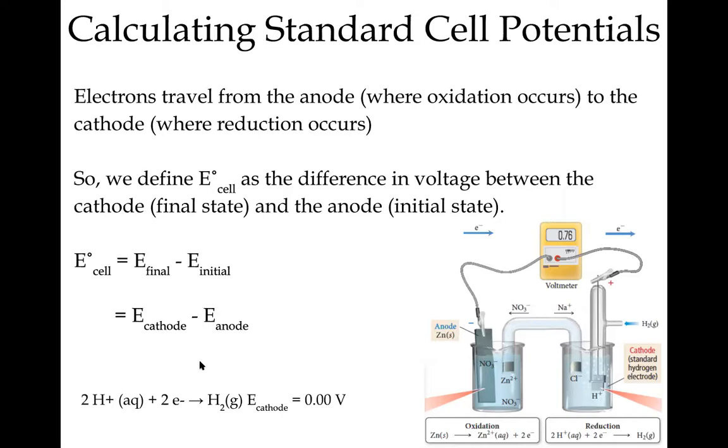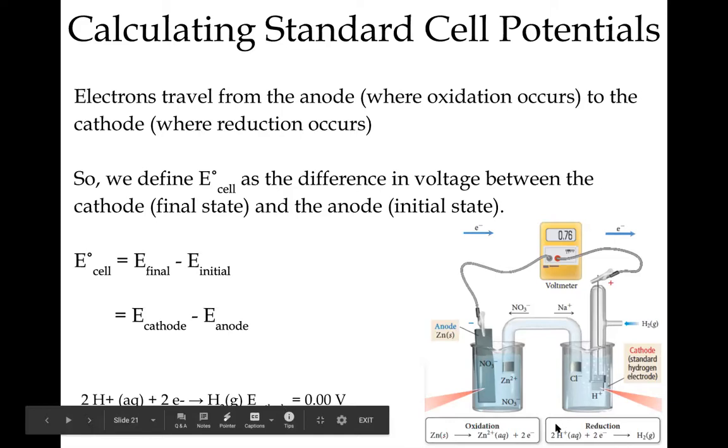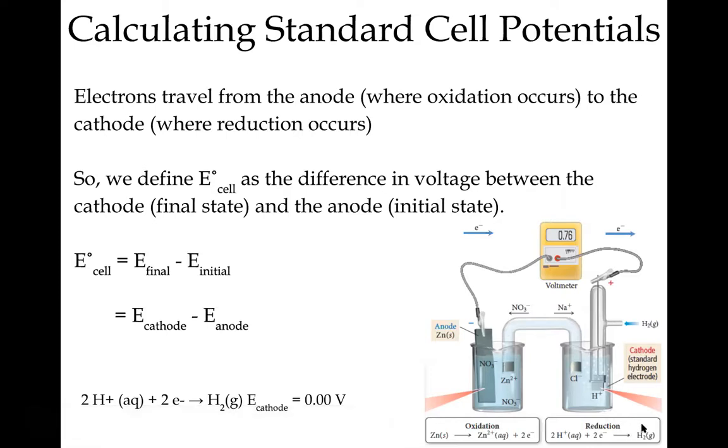Okay, and that is this down here. 2 hydronium ions plus 2 electrons give us hydrogen gas. Okay, we're saying that that is going to be our 0. So everything else, all these other half reactions, are going to be measured and assigned a value in relation to that SHE, that standard hydrogen electrode, being 0. Okay.